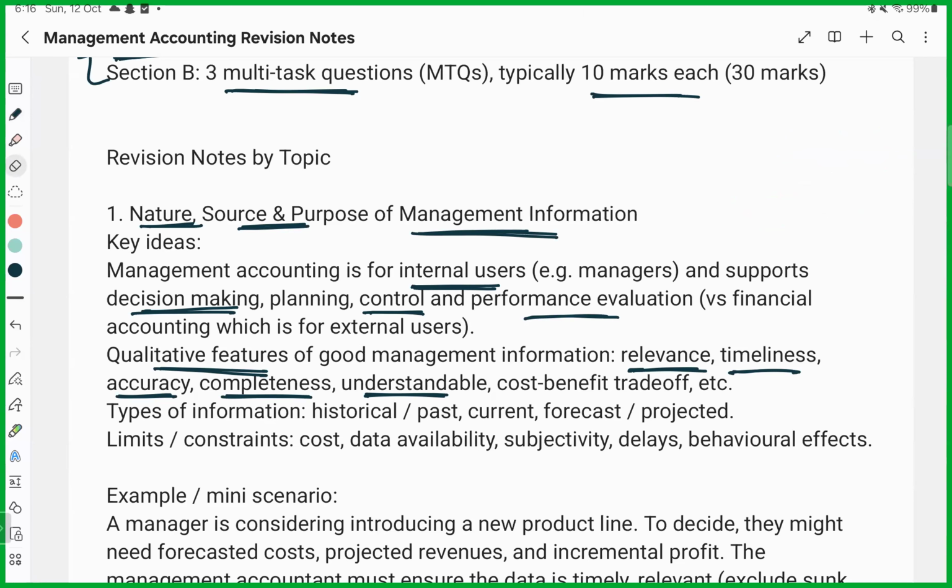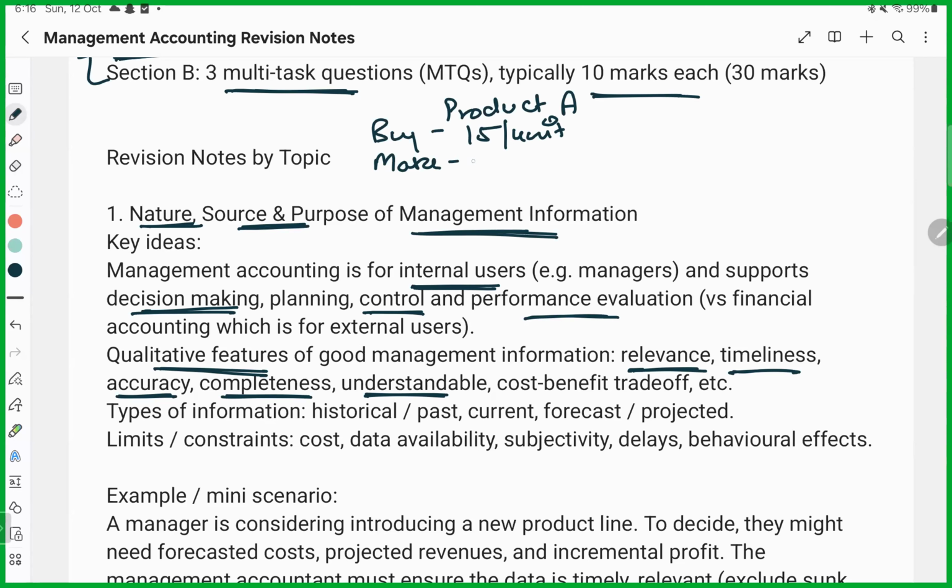Let me just provide you with an example properly. Suppose I have to manufacture product A. I have two options available to me: either to buy the product at rupees 15 per unit, or to make the product.